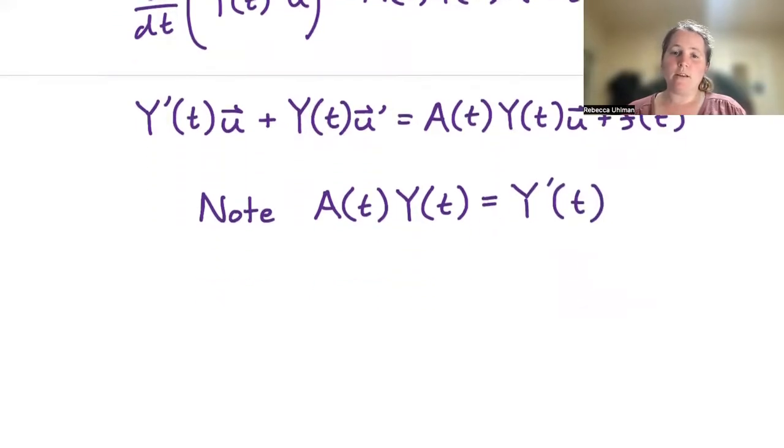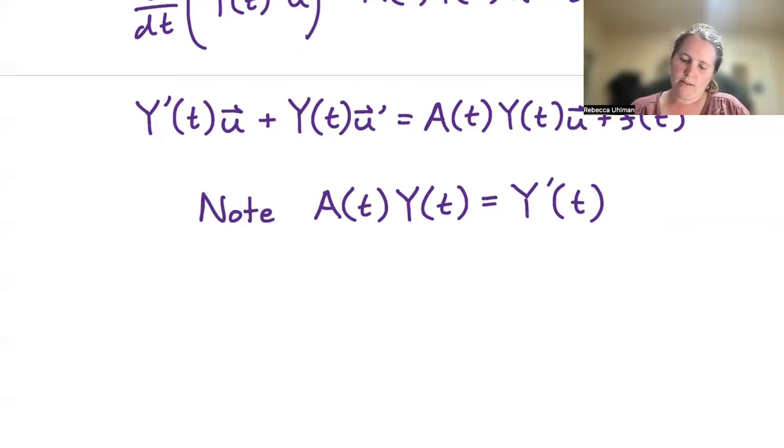Reason behind this, when we multiply a matrix by another matrix, we essentially do matrix A times each individual column of Y, and A times each column of Y gives out the derivative.